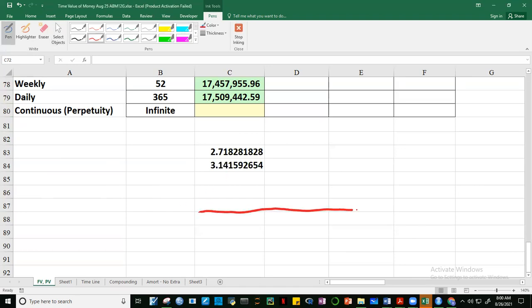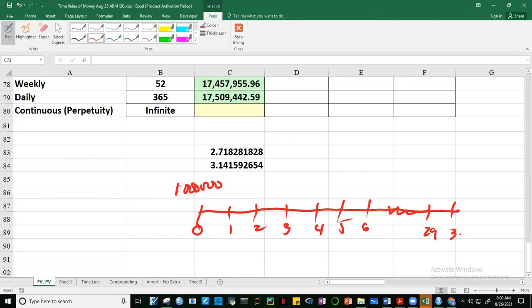this is the cash flow we're telling Excel to compute. We have 1 million here at year 0, and we have 1, 2, 3, 4, 5, 6, up to 30. So you have 1 peso each year here.